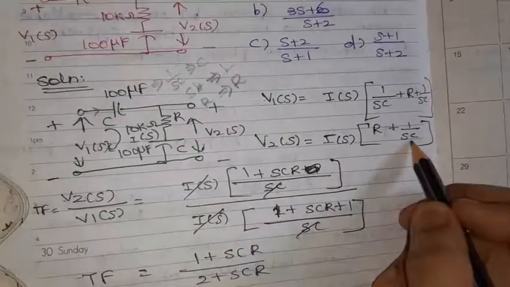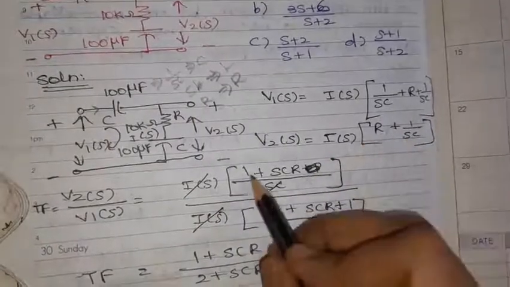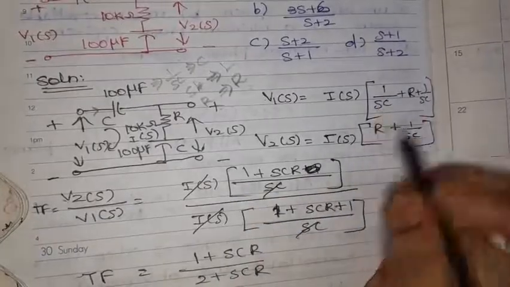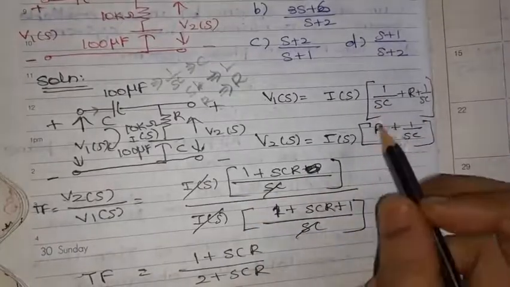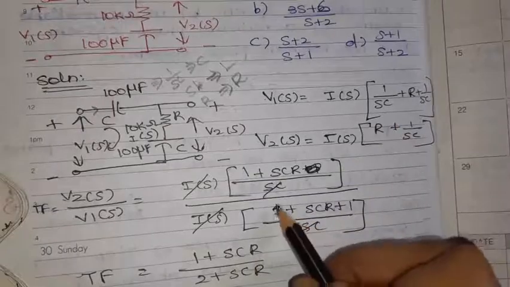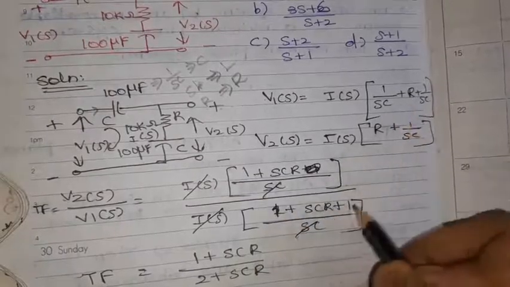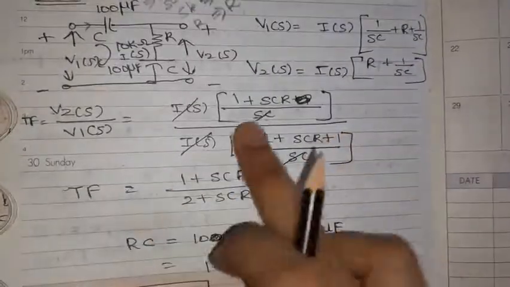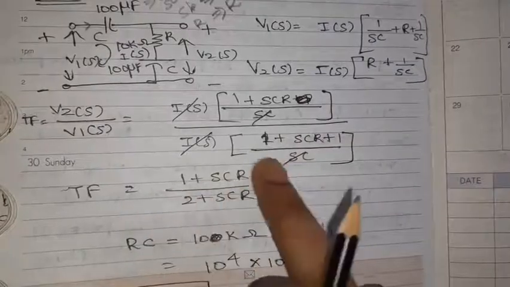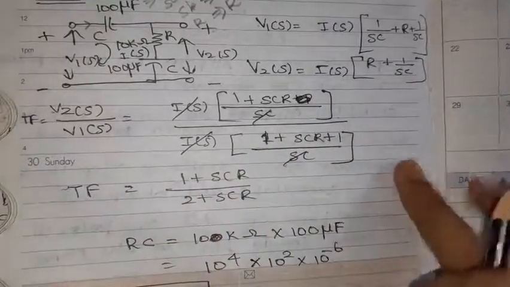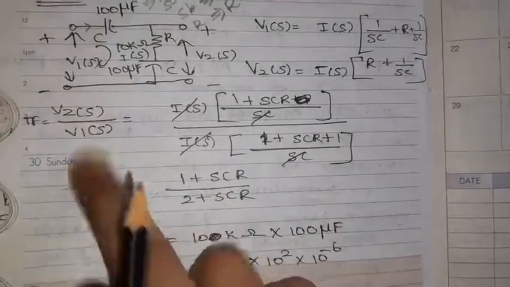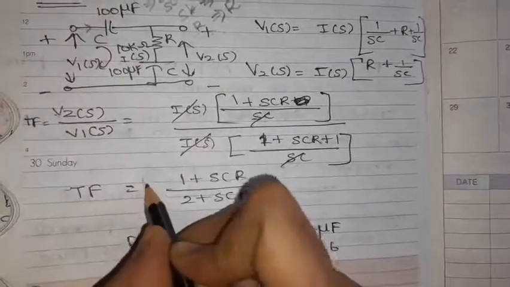Just taking the LCM: (1 plus SCR) divided by SC, and here also (SC plus 1 plus SCR plus 1). So (1 plus SCR) divided by (2 plus SCR). So this is the transfer function V2 by V1.